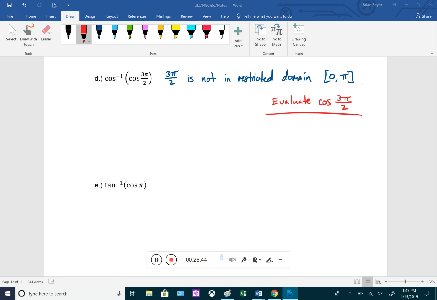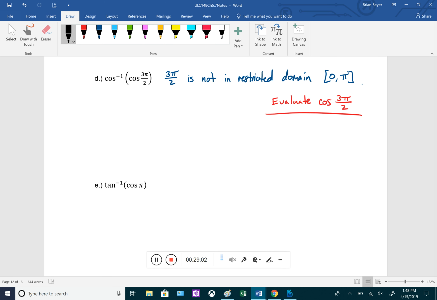So this is actually one of the secretly easier ones. We have to remember that cosine of any value that is an odd integer multiple of pi over 2 will equal 0.